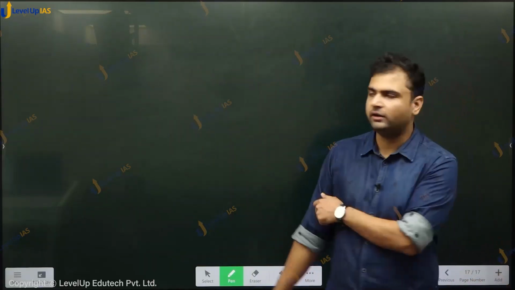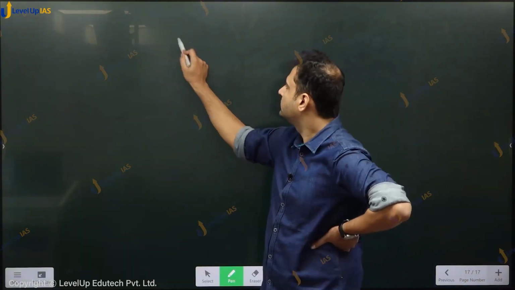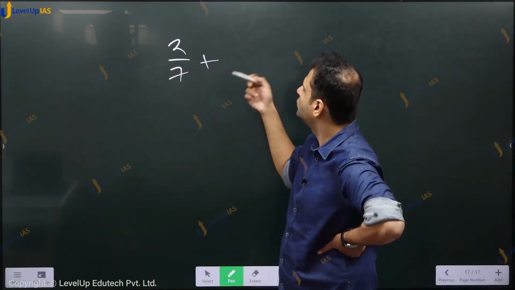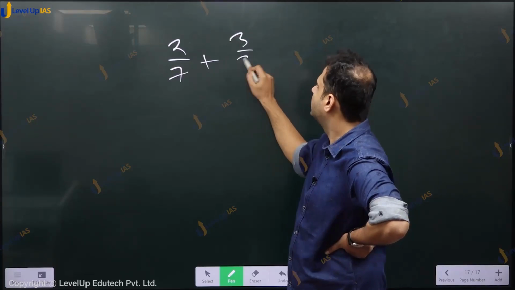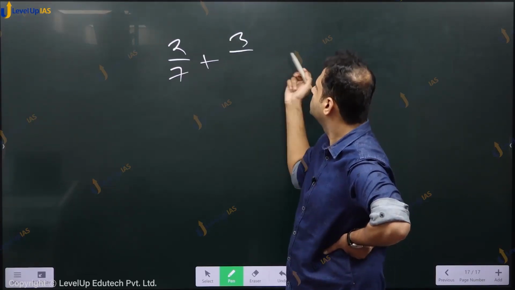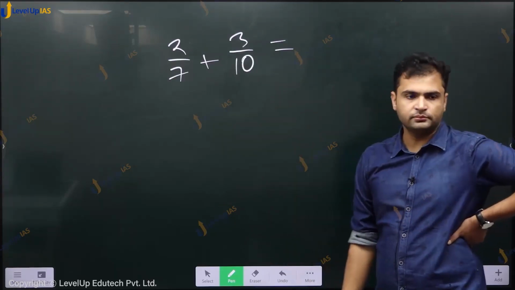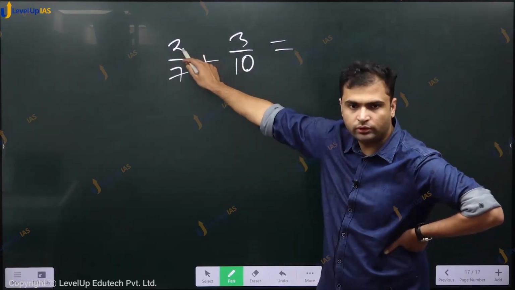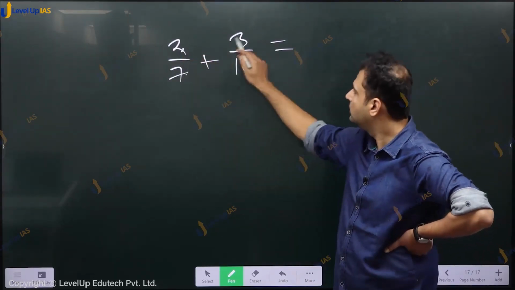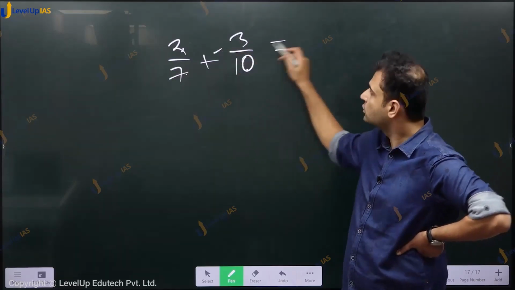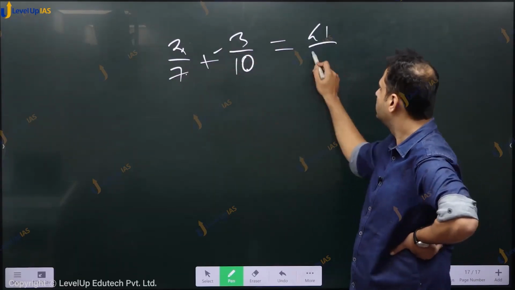Now let us add few numbers. Tell me addition 2 by 7 plus 3 by 10. What is it? 10 into 2 20 plus 21, 7 into 3, so 41 divided by 70.